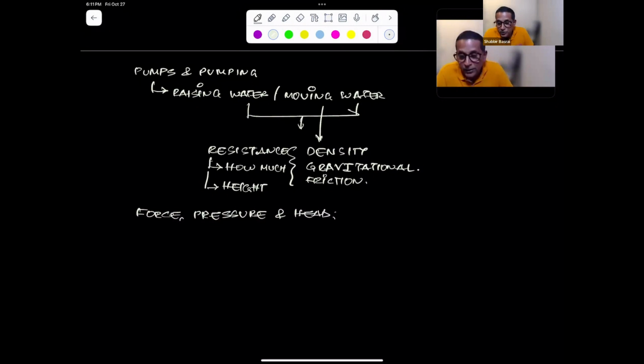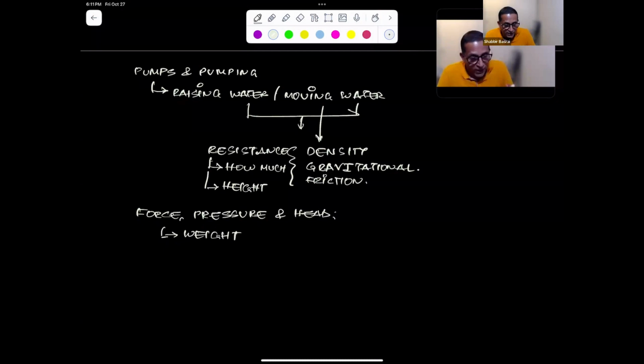Okay, so basically, force, in the English system, force and weight are used basically in the same way. In the SI system, which is the metric system, force and weight are different quantities and are measured differently.